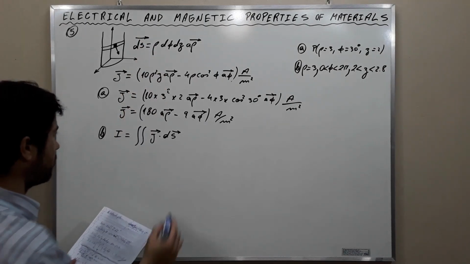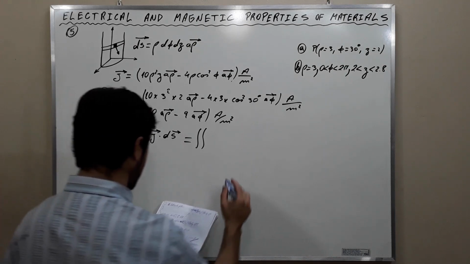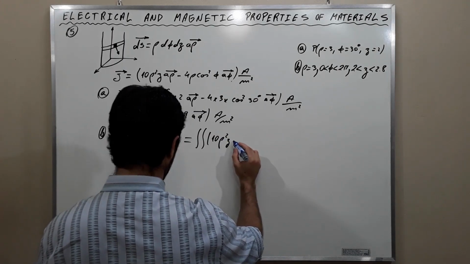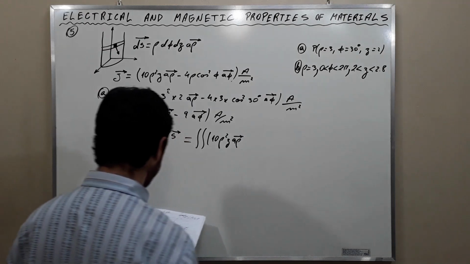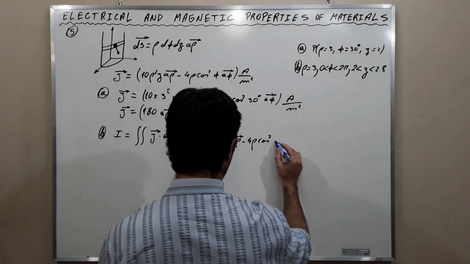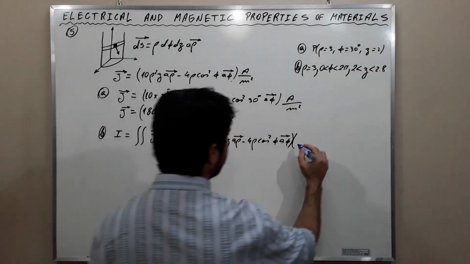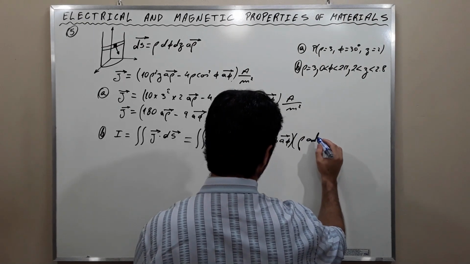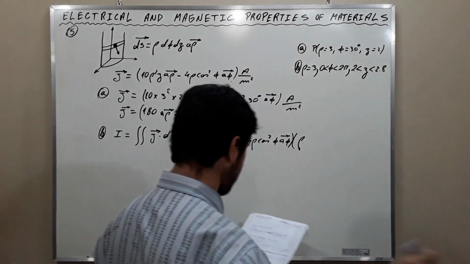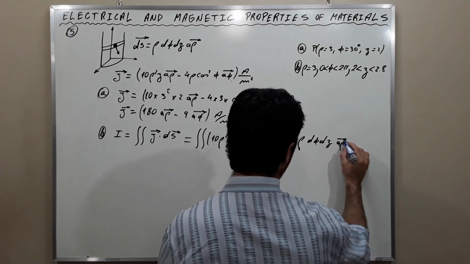It is then equal to the surface integral of 10 rho squared z a rho minus 4 rho cosine squared phi a phi, in a dot product with rho d phi dz in the a rho direction.